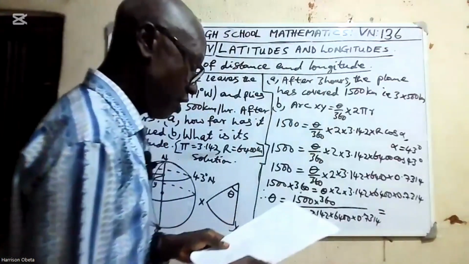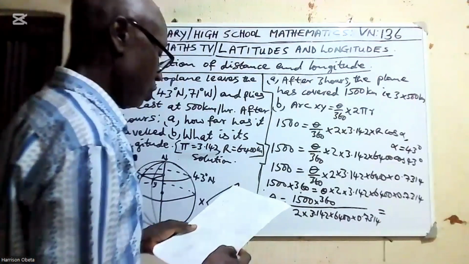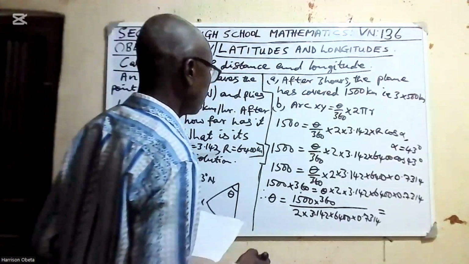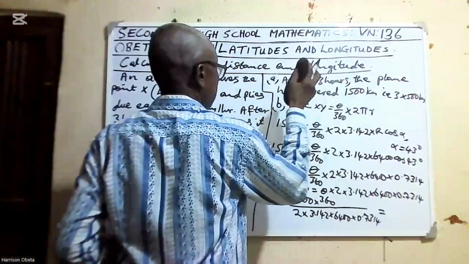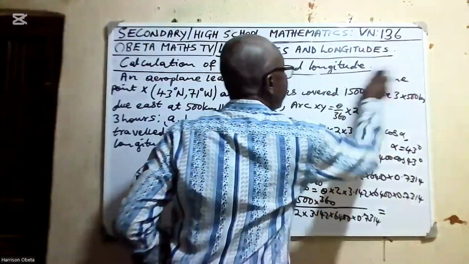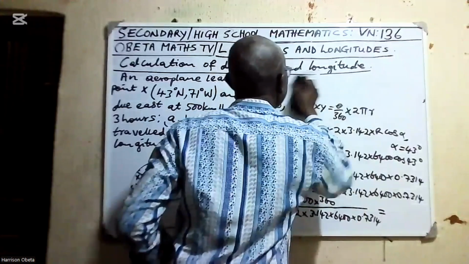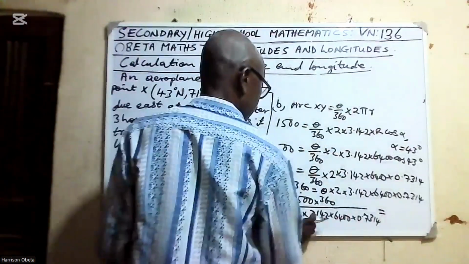So, if we multiply it out like that, we are going to have 540,000 on top.